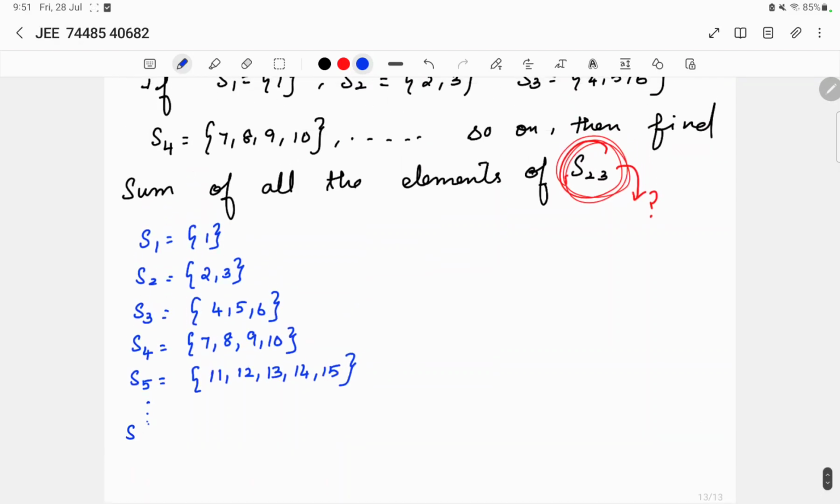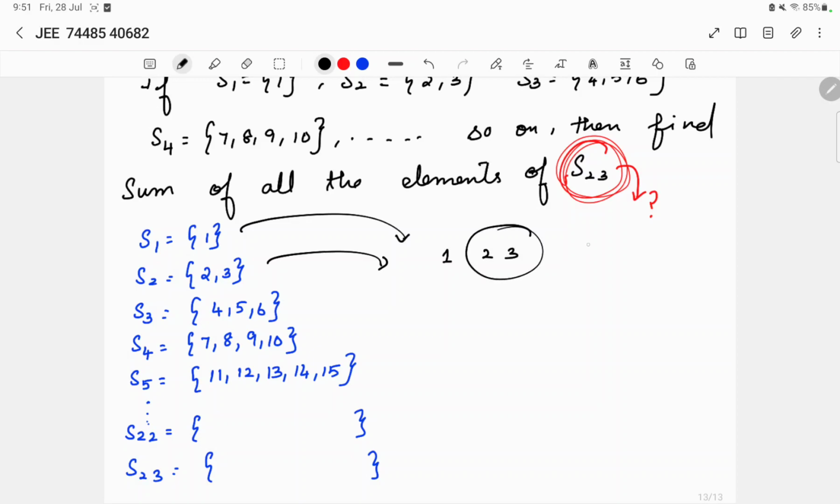So what will be S22? First we will find that one. And what will be S23? So this is what we have to find. If you clearly see, in S1 only one number is used. In S2 two numbers are used, 2 and 3. In S3 three numbers are used.